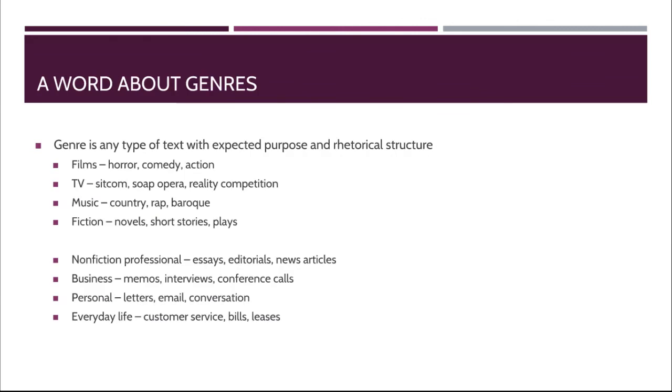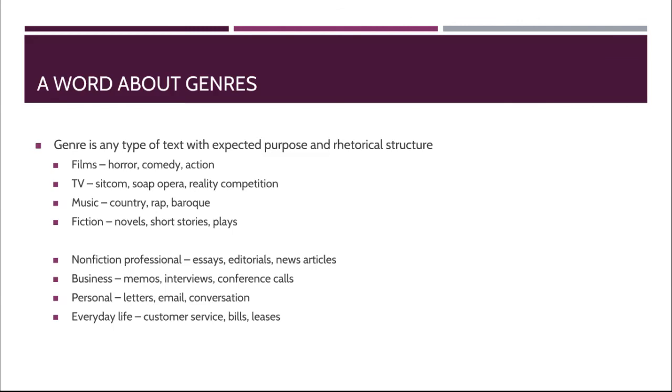A little bit about genres. So genres are texts that have a specific expected purpose and an expected rhetorical structure. So think about movies. You've heard the word genre with movies, TV, music, books. But we have lots of other genres of everyday language use.